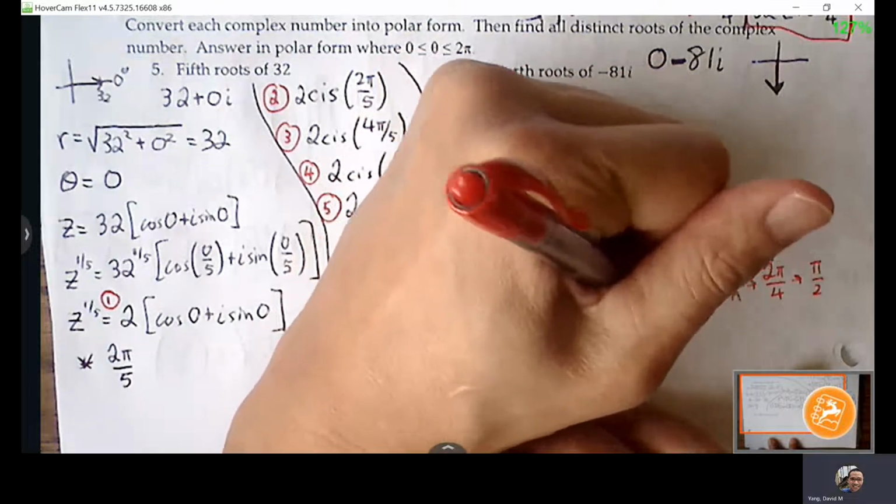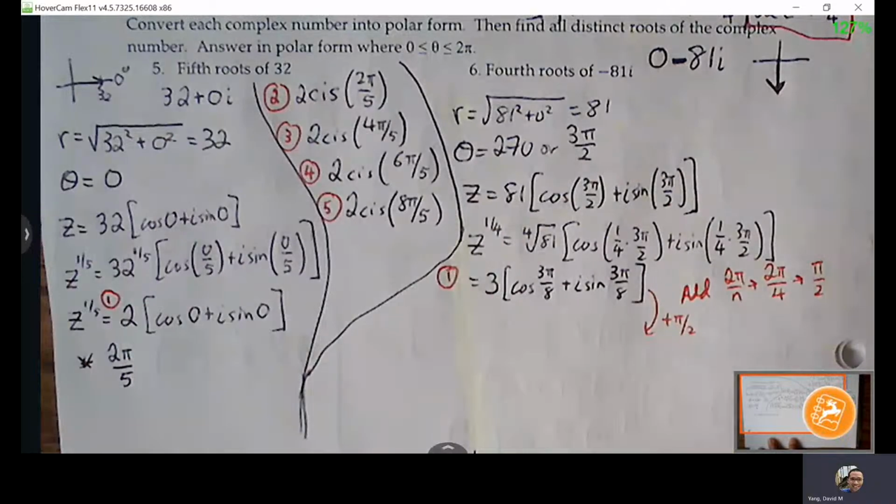Why is theta undefined? Well, if you're dealing with something that is along the axis, don't use tangent.